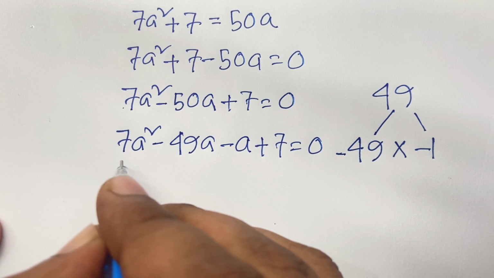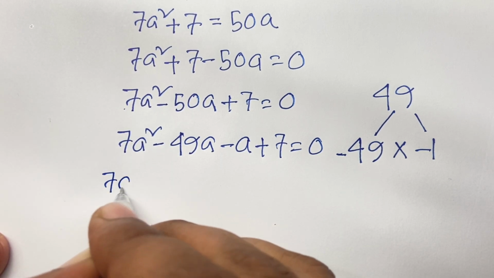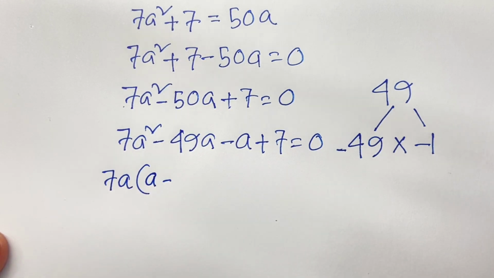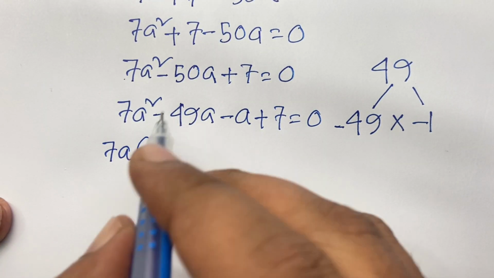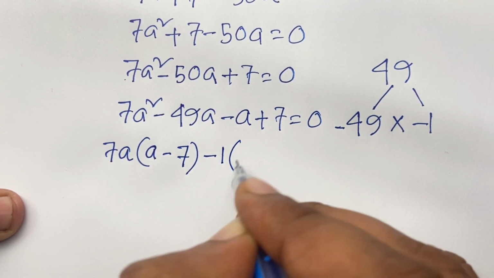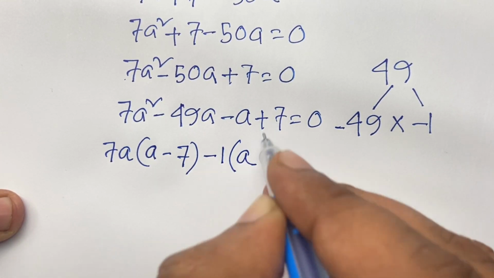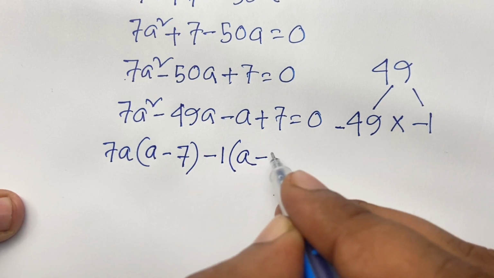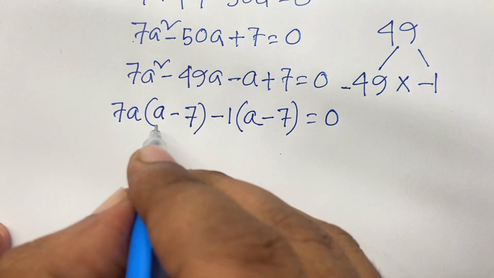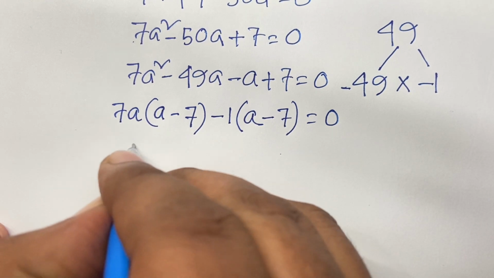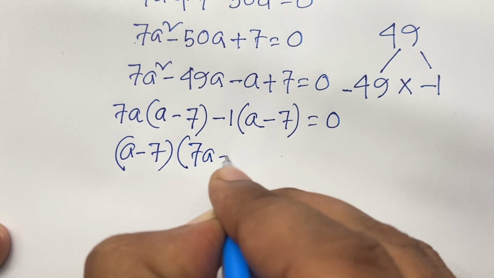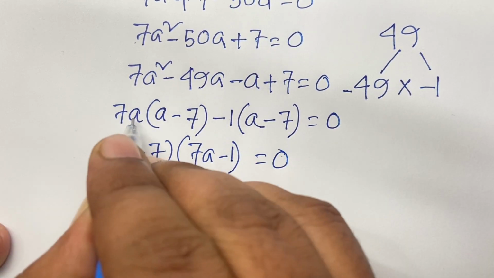Now I can see 7a is common: 7a squared divided by 7a is a, and minus 49a divided by 7a is minus 7. Then minus 1 is common: a minus 7. Now a minus 7 is common, so (a minus 7)(7a minus 1) equals 0.